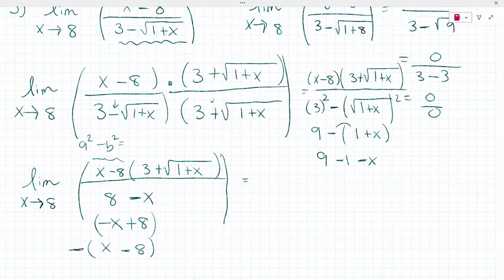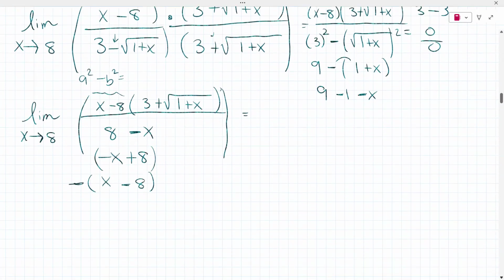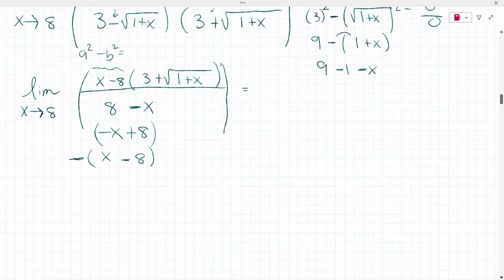I just readjusted it. If you FOIL out this negative, it's still going to give you 8 minus x. So that's really important. You can't really change it. You can just rearrange it a bit.